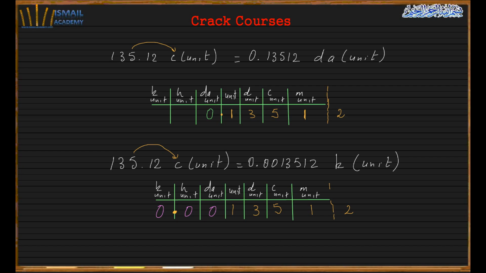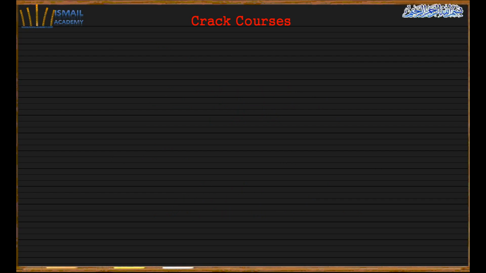question. Now let's draw the table for each unit measure. So you're gonna draw a table for the length unit. The table is going to be the same thing as we drew before.